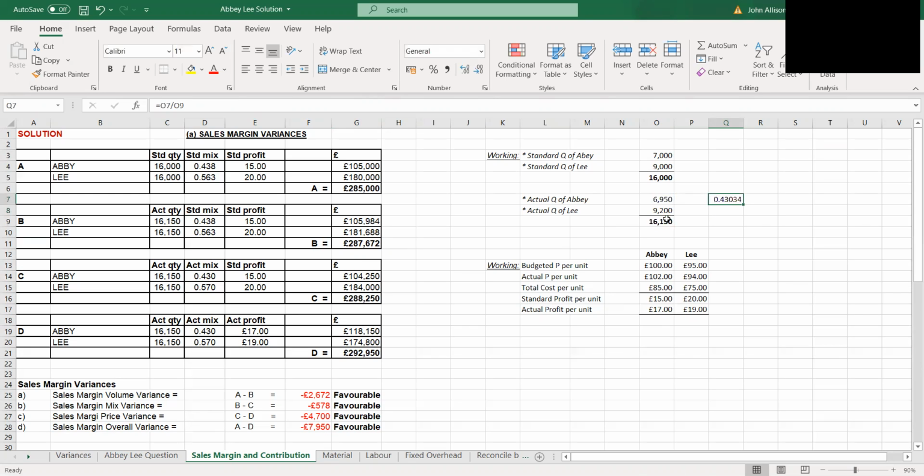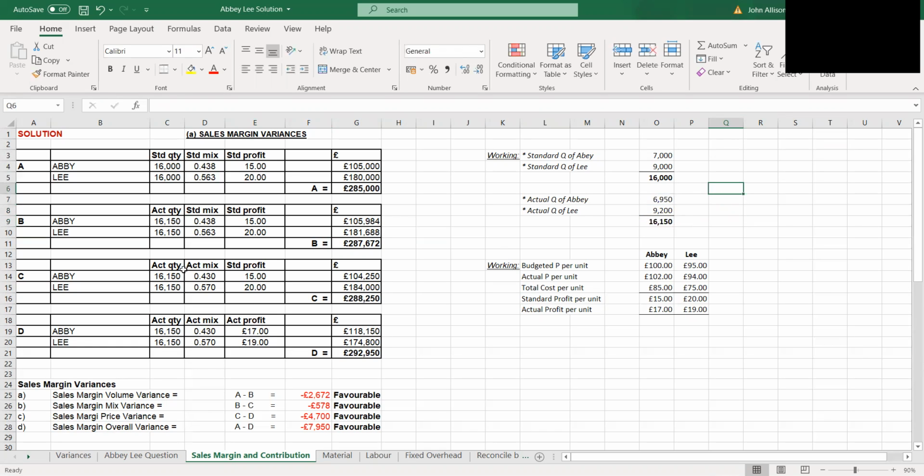So it'll give us 0.430 to 3 decimal places. And then for Lee, it will be the 9,200 divided by the 16,150, which will give us 0.570 to 3 decimal places.